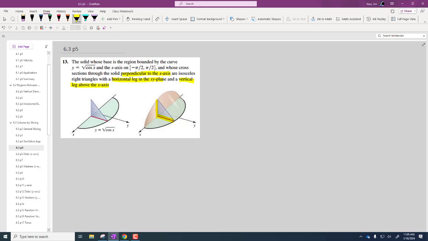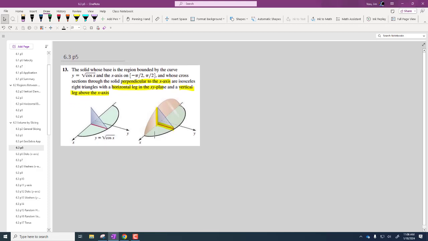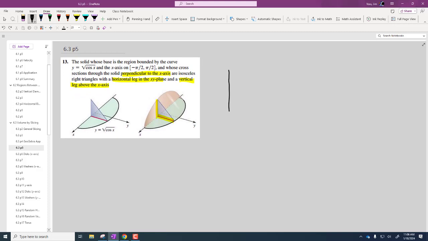So we have to find the area of an isosceles triangle. Actually, I should just draw the shape. If we take an isosceles triangle, let's call this the base and that the base, because those have to be the same thing.